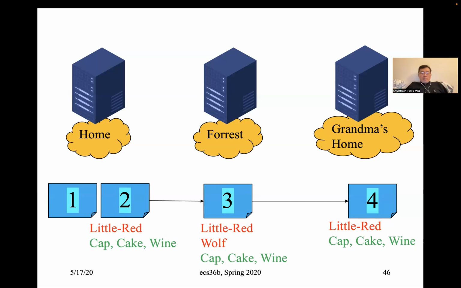So essentially, homework assignment number 5 is asking you to recreate the movement of the objects according to these 4 records, and we have 3 programs, each of which represents a different location. So in homework assignment number 5, we only have 3 locations: one represents home, one represents forest, one represents grandma's home. Okay.